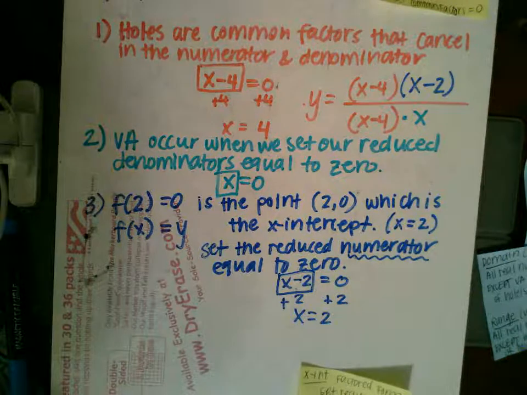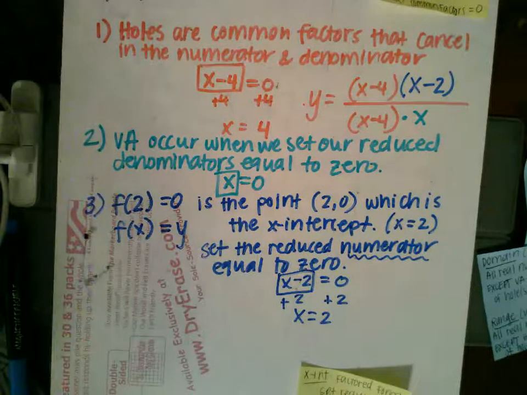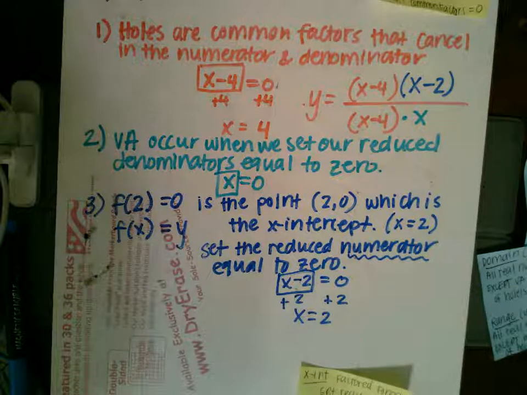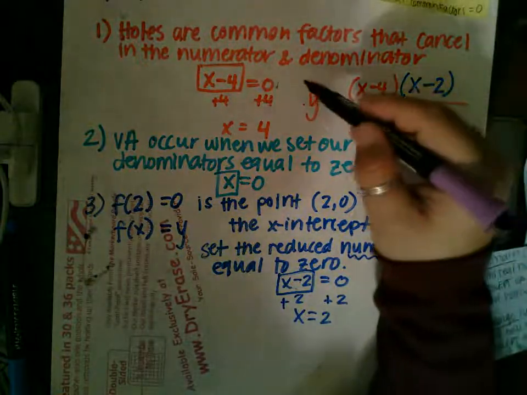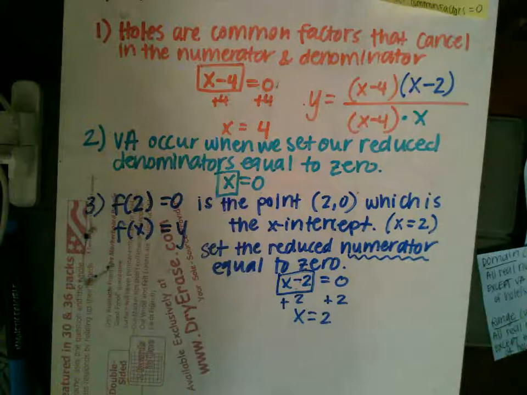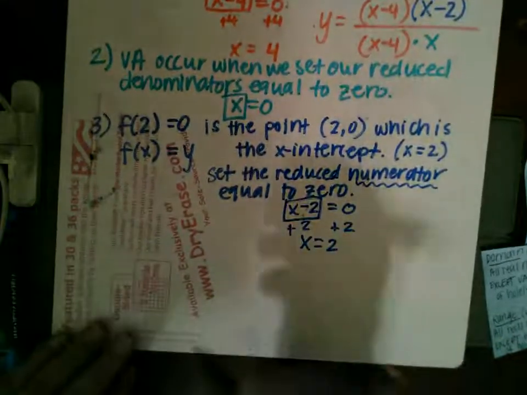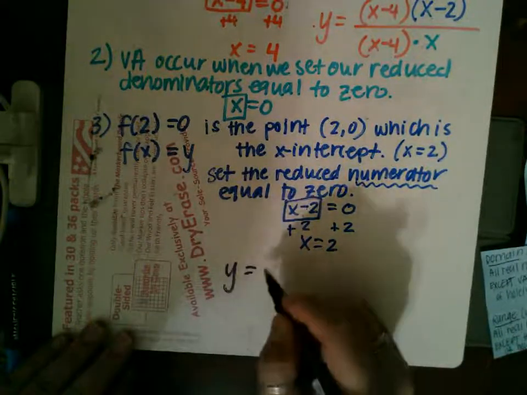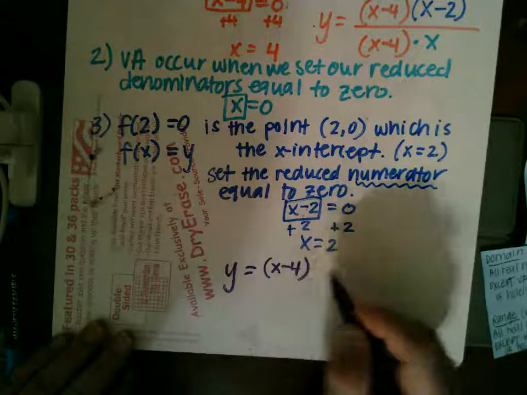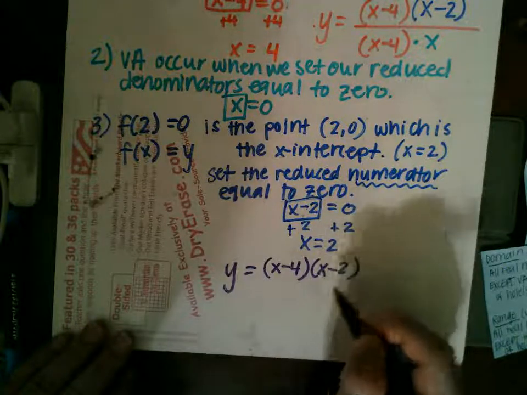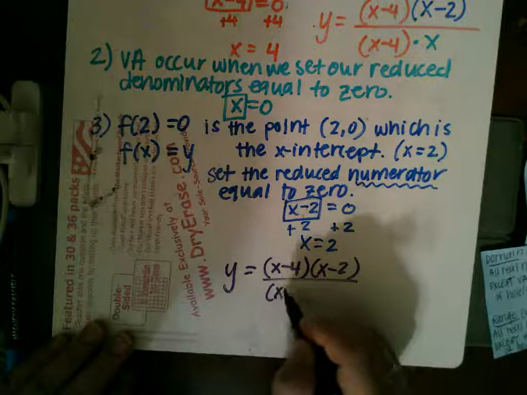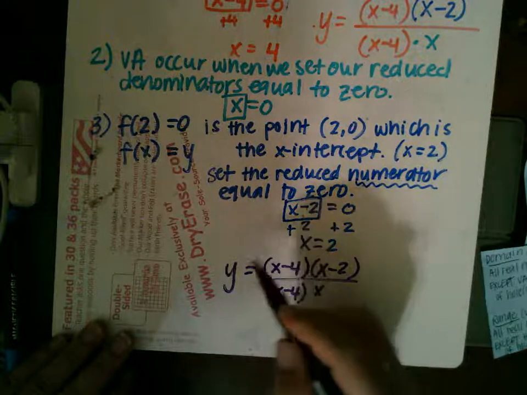So my equation that satisfies all three criteria, the hole, the vertical asymptote, and the x-intercept, would be y equals (x minus 4)(x minus 2) over (x minus 4)(x).